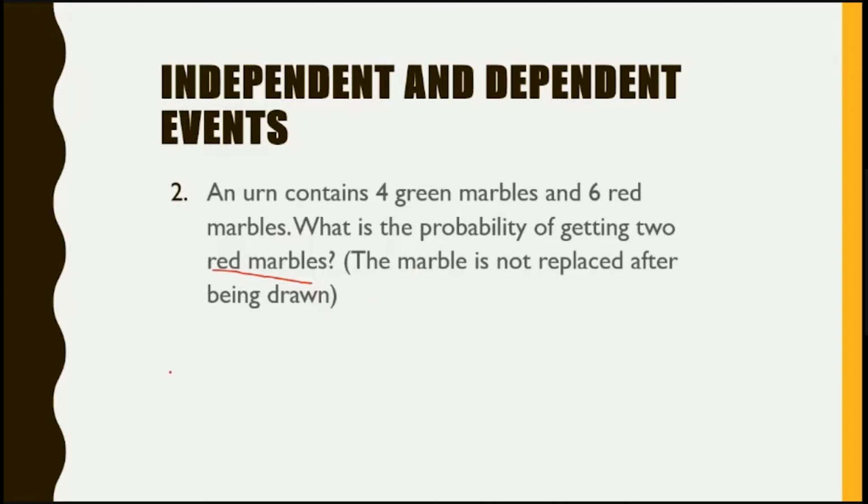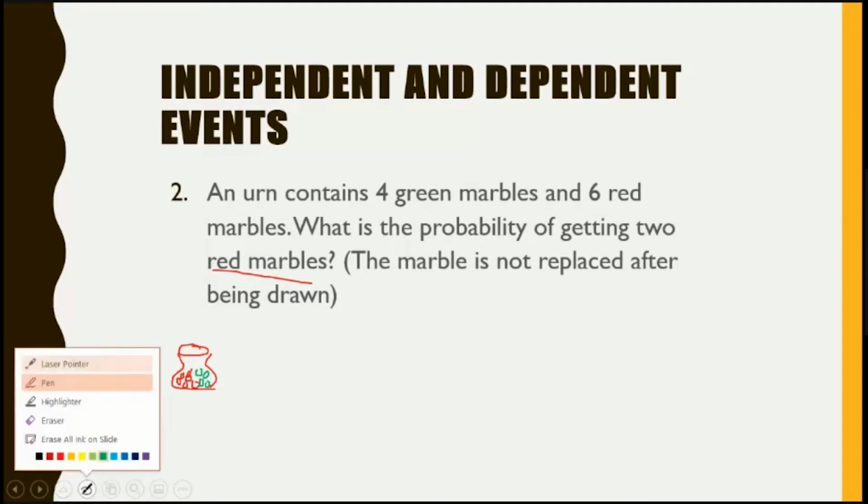Meaning, if I have an urn, let's just say this is an urn, and it contains 4 green marbles and 6 red marbles. What is the probability of getting 2 red marbles? Now, are these dependent or independent events?